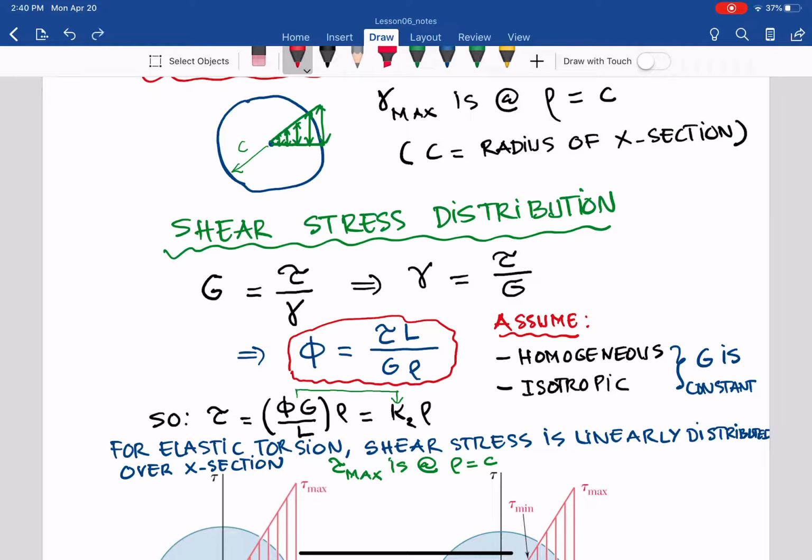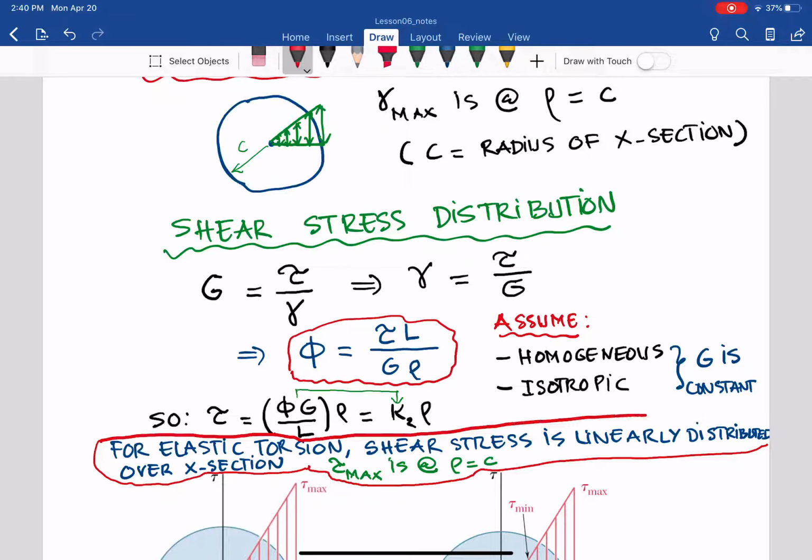Let's box that one. The equation, a note that we need to box.